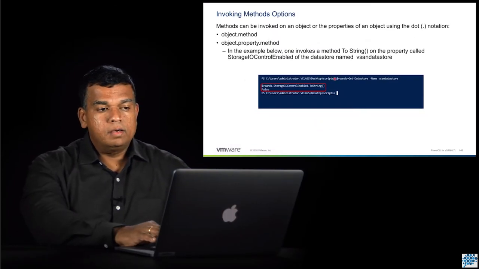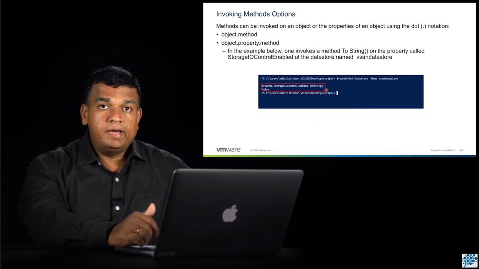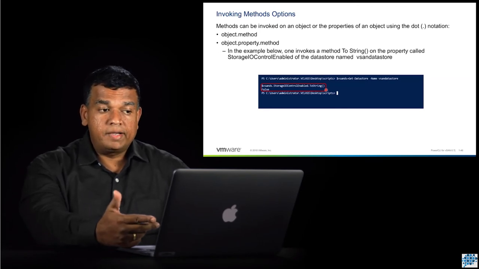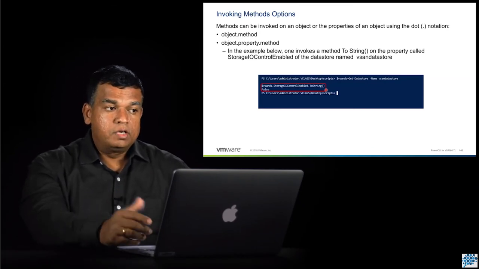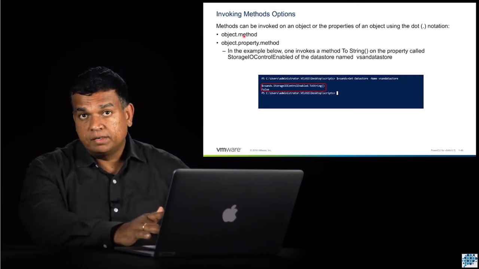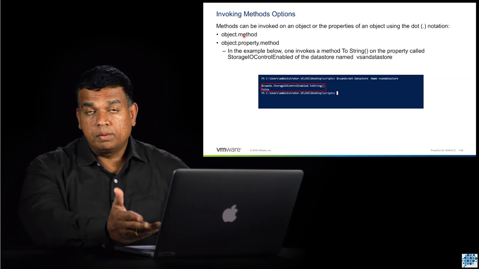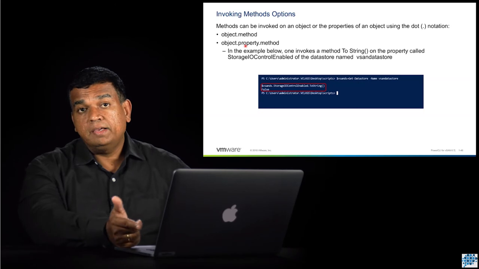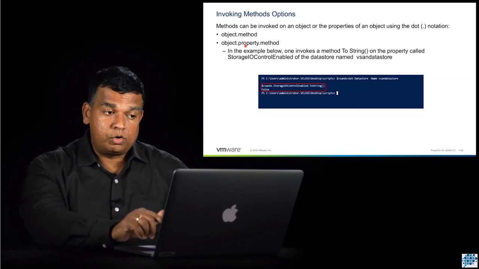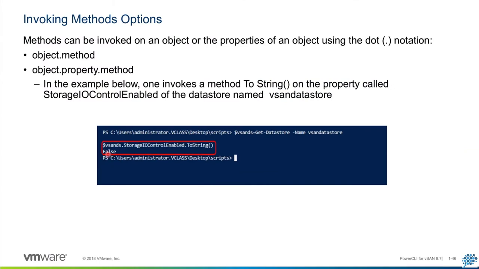Again, as I said, PowerCLI has nested objects, so the methods can also become nested and can be invoked at different levels. So we can have object.method, where I'm invoking a method on a particular object, or we can go to a property of the object and invoke a method on the property of that object. For example, in this case, I am taking a datastore. vsanDS is a variable which contains a datastore, which is the vSAN datastore.